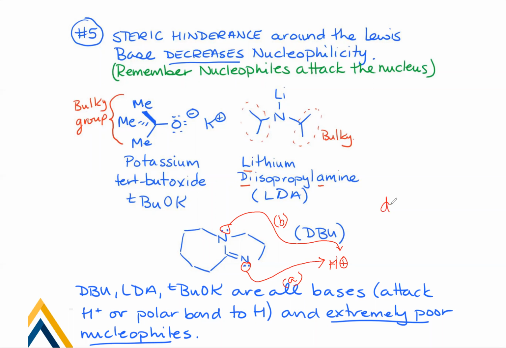Remember, delocalized lone pairs are less likely to donate because they're too busy in resonance, right? So which of these two lone pairs would be the one which attacks a proton? We've got a mixture of answers.